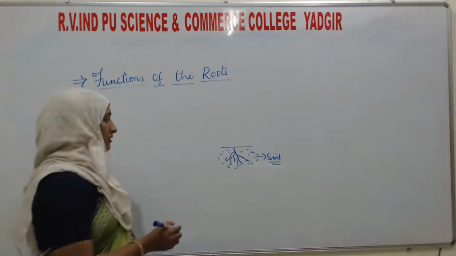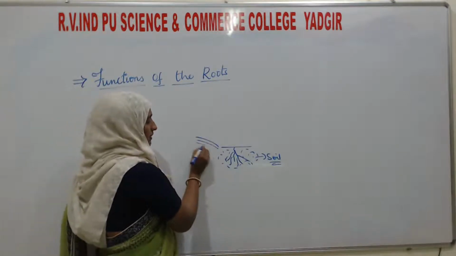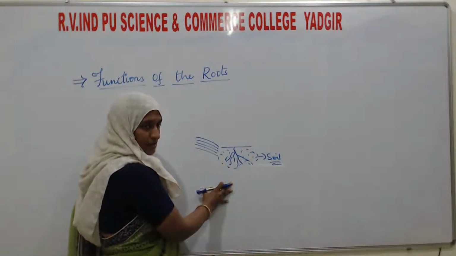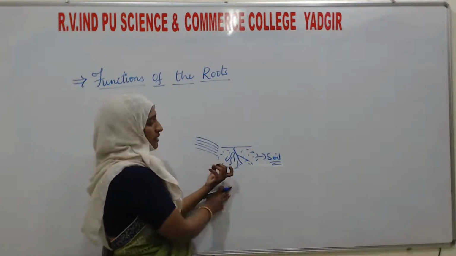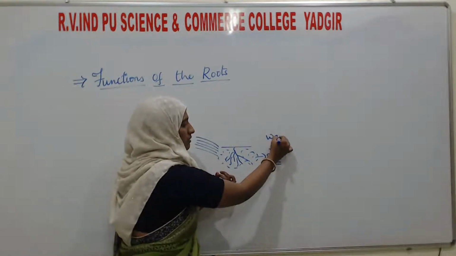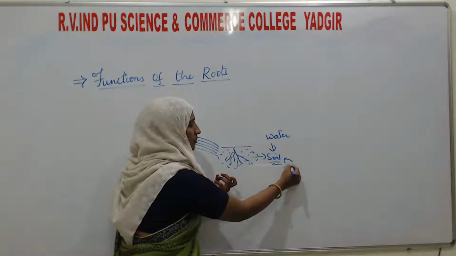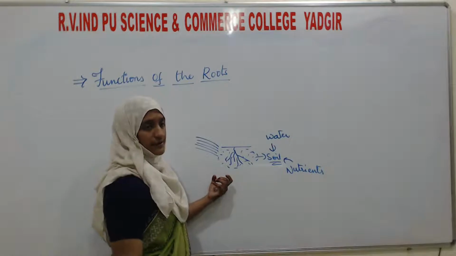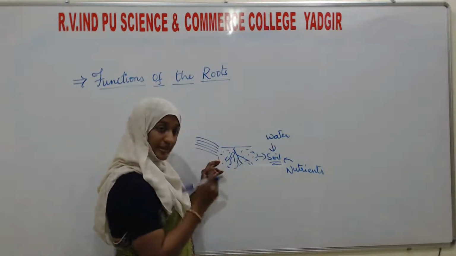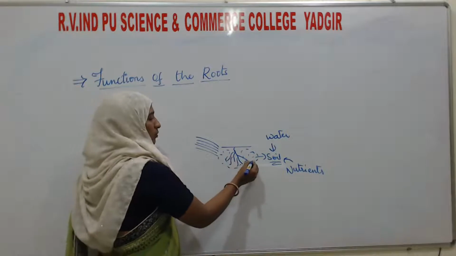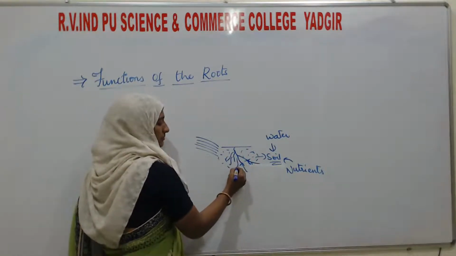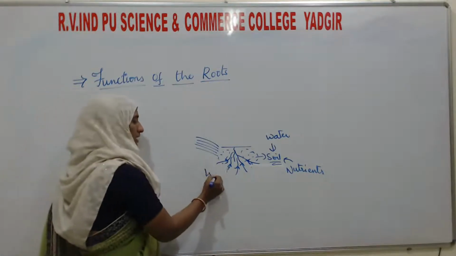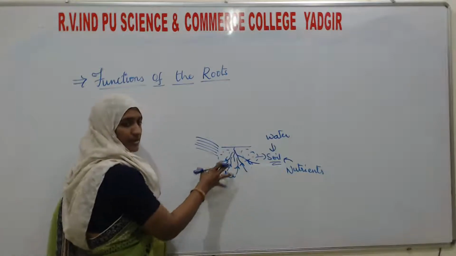Whatever water you pour to the plant is absorbed by the soil, and in the soil there will be certain nutrients present. Those nutrients are absorbed by the roots.